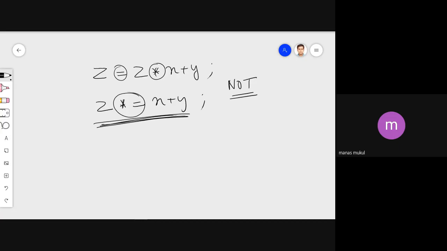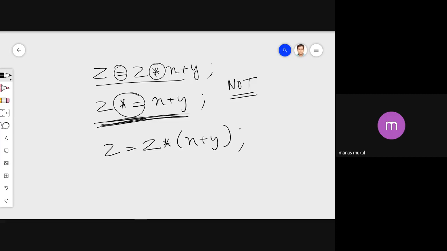Because if you look at this expression, it is z is equal to z into x plus y, and this is how the expression will get evaluated. But in this other case, this is not happening, because z has to be multiplied. So in this case, what is happening?